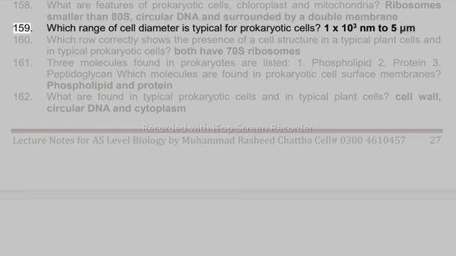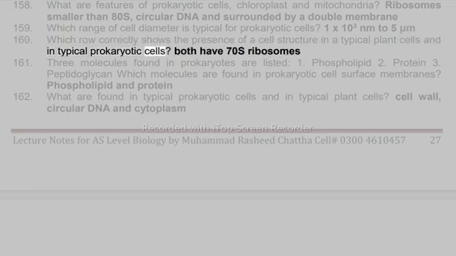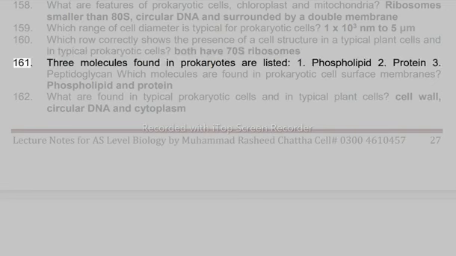159. Which range of cell diameter is typical for prokaryotic cells? 1 x 10^3 nanometers to 5 micrometers. 160. Which row correctly shows the presence of a cell structure in typical plant cells and in typical prokaryotic cells? Both have 70S ribosomes. 161.